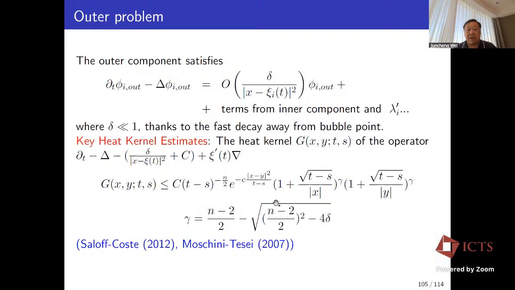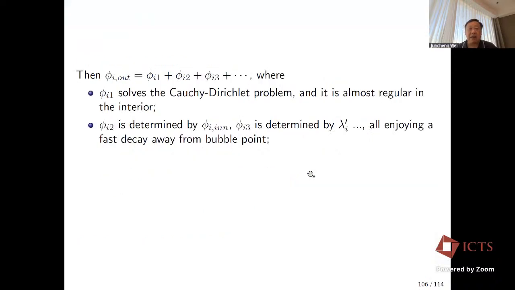This is a key estimate, obtained by Suzuki, Cosa, Mossini and Tesei. Using this, the outer problem consists of more than three terms: one with the Cauchy problem, also the cutoff function from inner and outer, and also the dynamics.